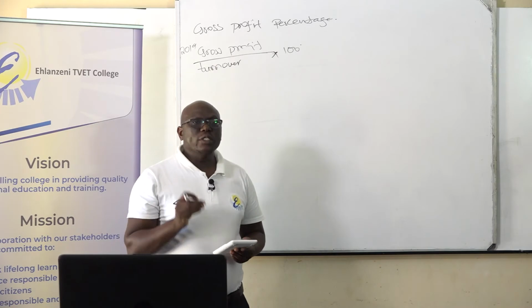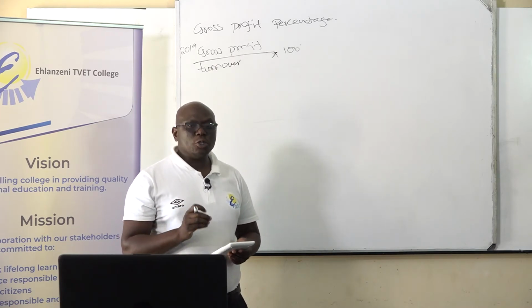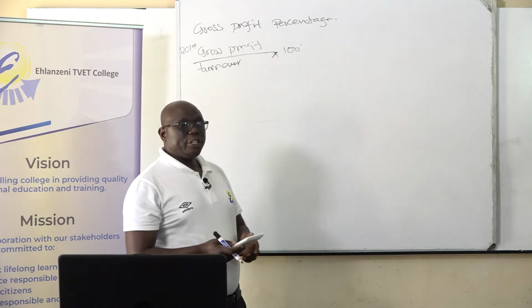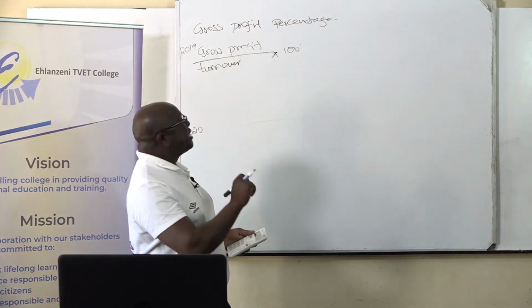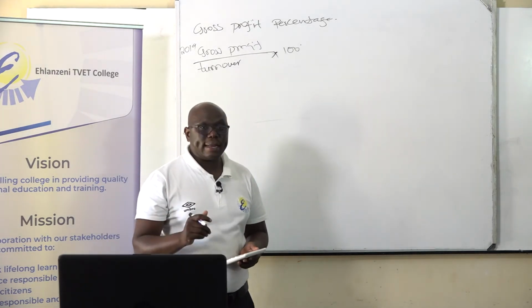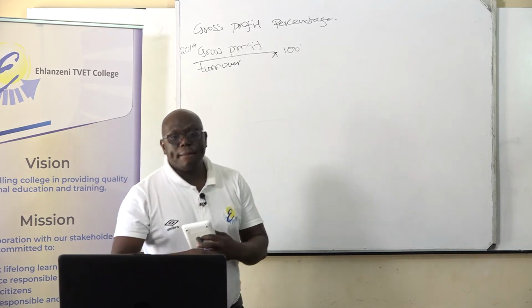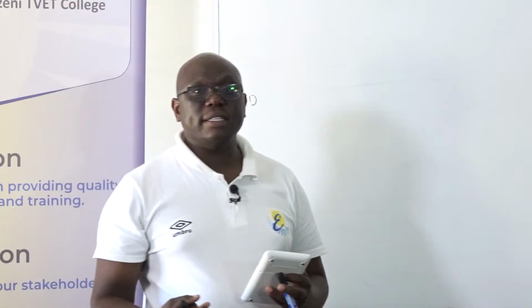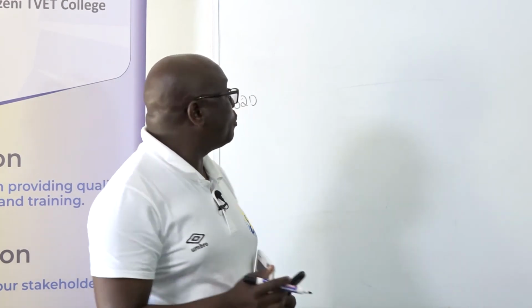Now we can use the formula to calculate the gross profit percentage, which says gross profit divided by the turnover multiplied by 100. We are going to look at our income statement to calculate our gross profit performance.